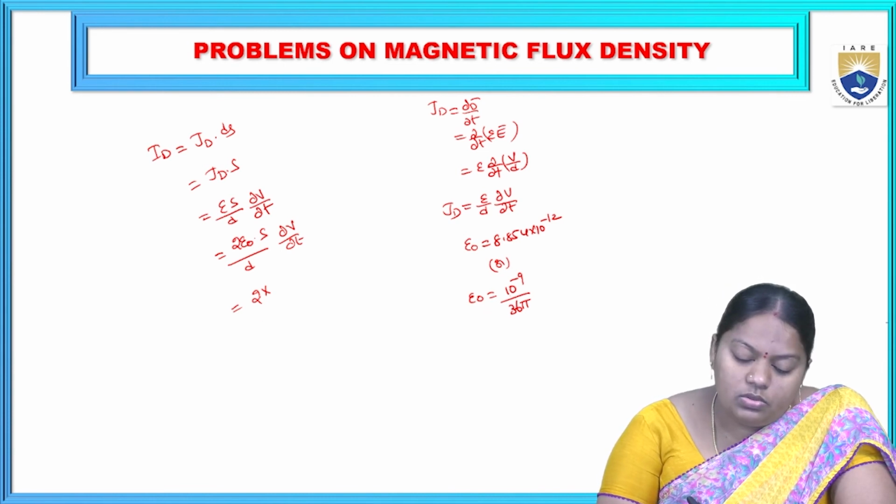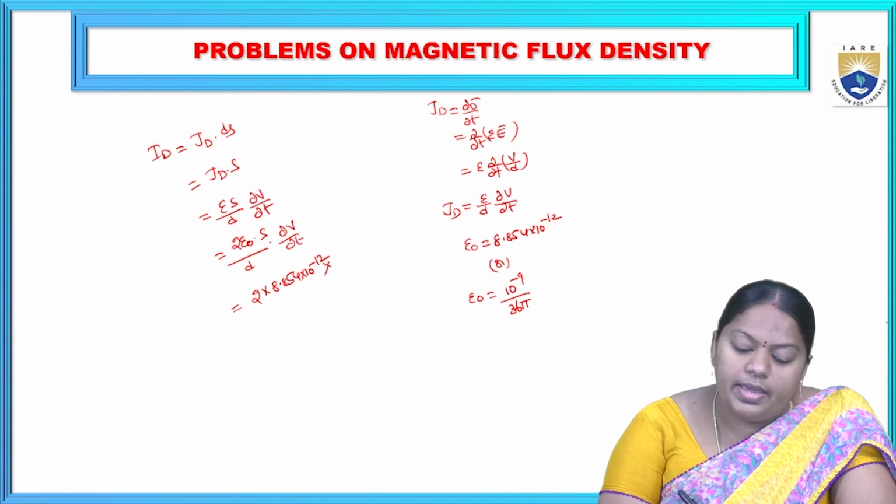Then consider epsilon naught value 8.854 into 10 power minus 12 into S, the surface area. That plate area is given as 5 centimeter square, meaning 25 into 10 power minus 4, and d value is given as 3 mm, that is 3 into 10 power minus 3.